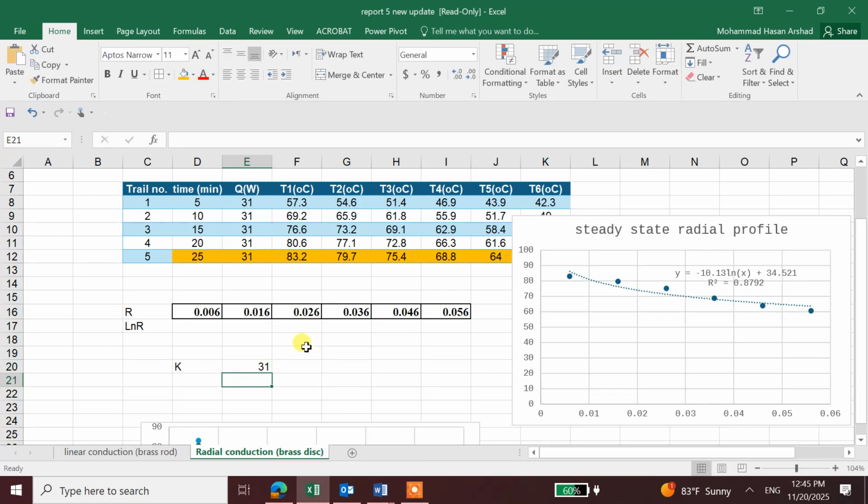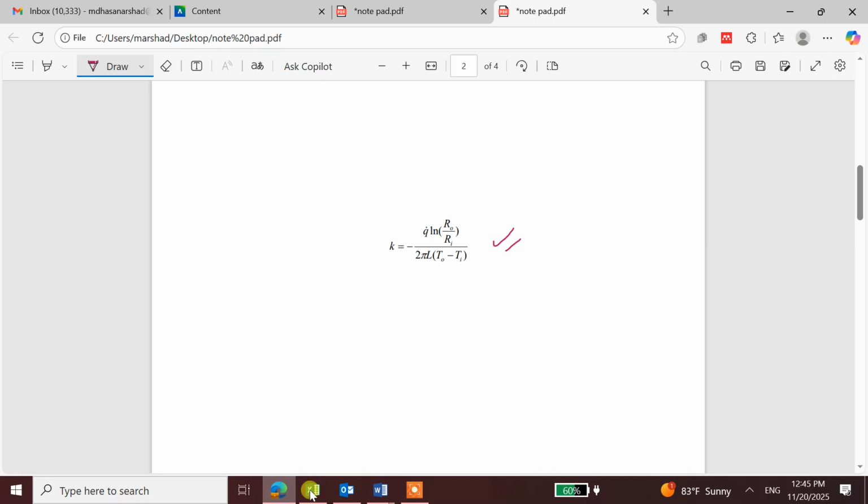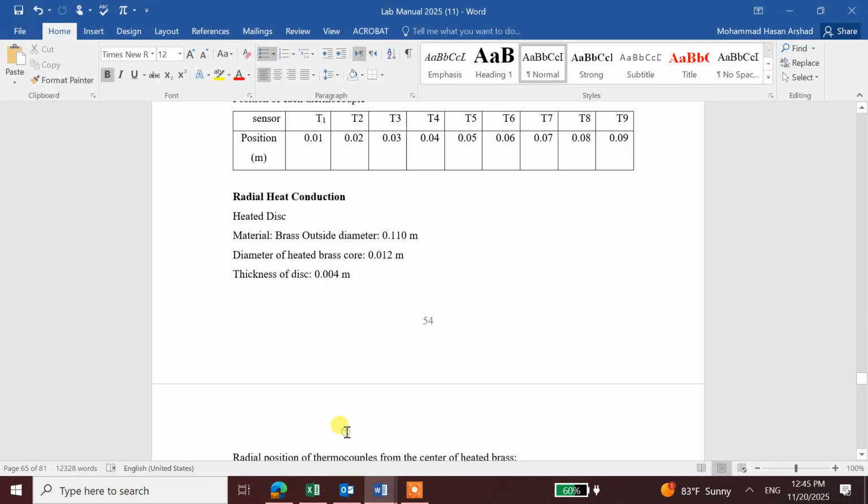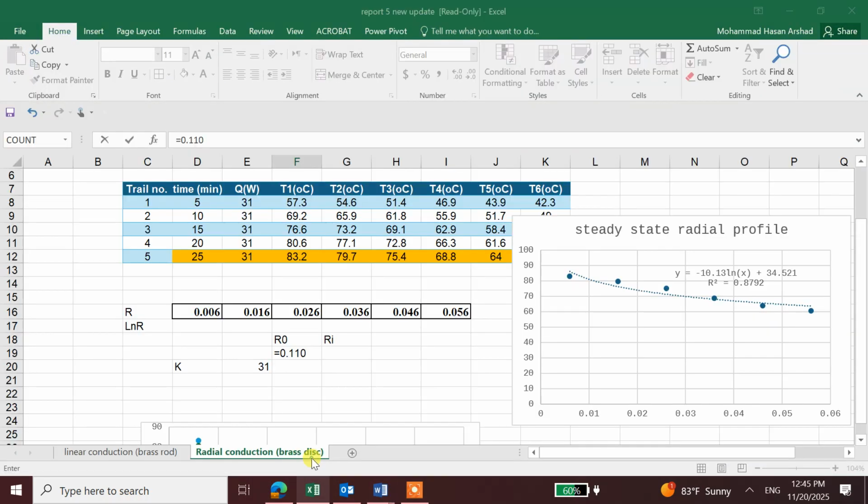Or you can do r o, r i. So r o is 0.110 divided by 2, and r i is 0.012 divided by 2.